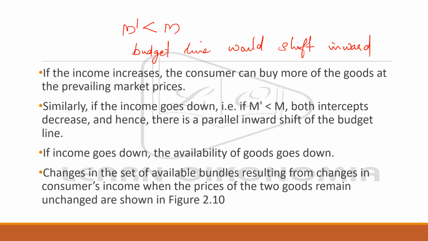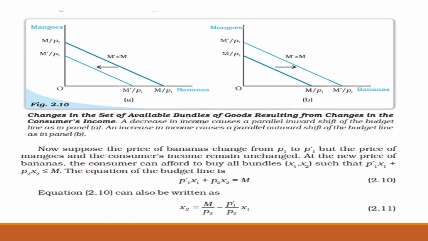Earlier it was an outward shift, now it will be shifting inward. Here you can see both shifts. This is an inward shift when your M dash is less than M, so it is moving back. Here your new income is greater than your old income, so it is shifting out. This is the outward shift and this is the inward shift.